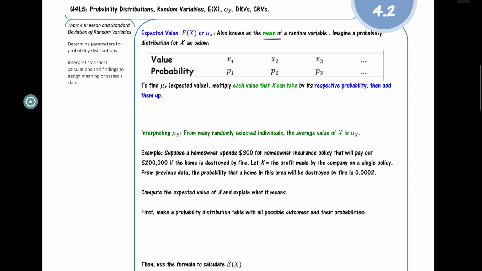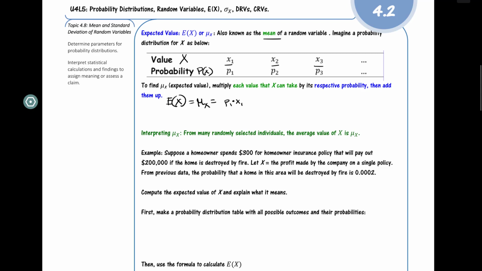So if we were to consider a probability distribution in general like this, where each value of the random variable x can be denoted with some number, and we'll call it x1, x2, x3, and a probability of x as p1, p2, and p3, respectively. To find the expected value, which we note as E of X, it's the same as this notation, mu sub x, we can say that's going to be take the respective probability, multiply it with its actual event, the value of that event.